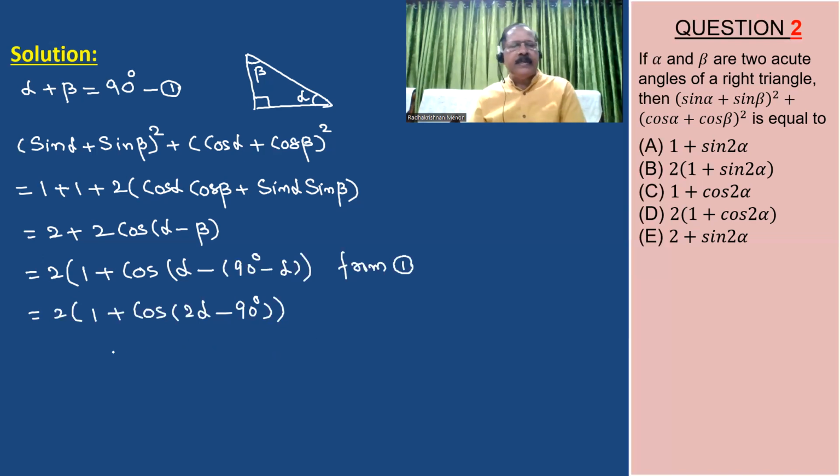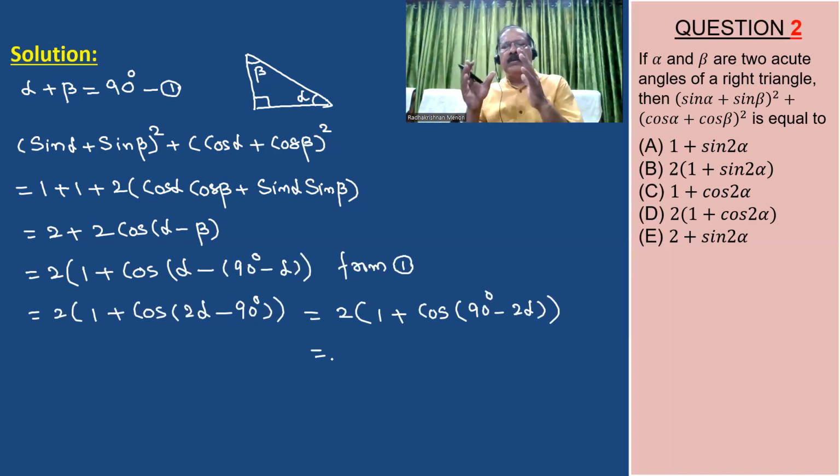But 2 alpha minus 90 you can write as what? 1 plus cos of 90 degree minus 2 alpha. Which idea have we used here? Cos of minus theta equal to cos theta. So cos of 2 alpha minus 90 degrees is cos of 90 degree minus 2 alpha. Now you know cos of 90 minus theta is sin theta. So which is equal to 2 into 1 plus sin 2 alpha.